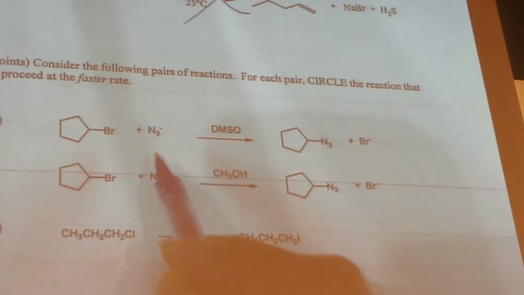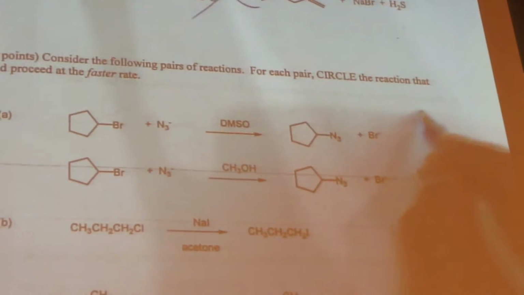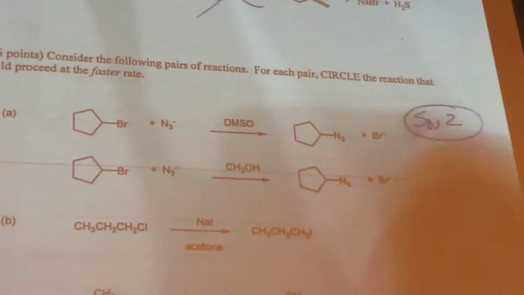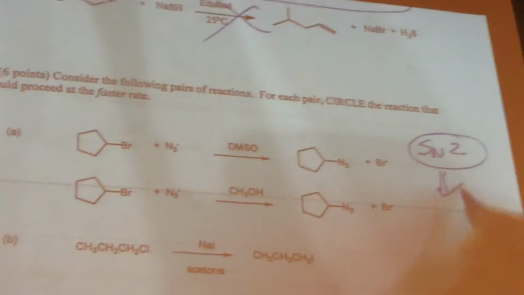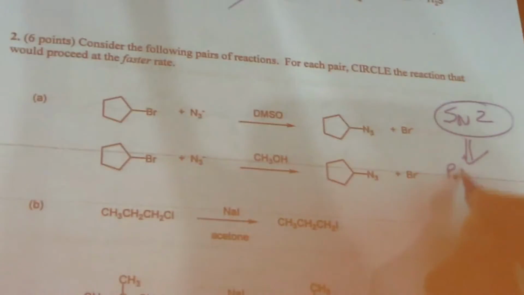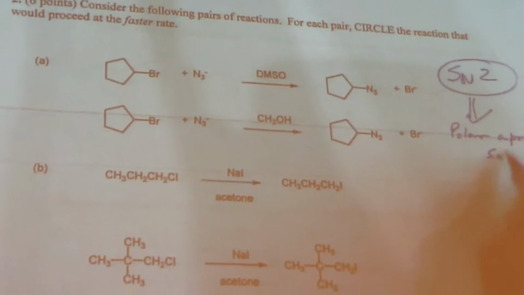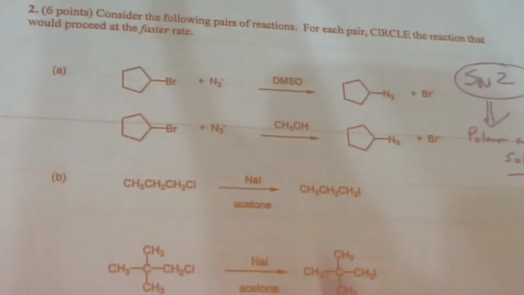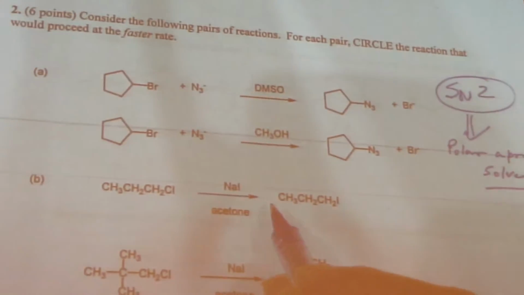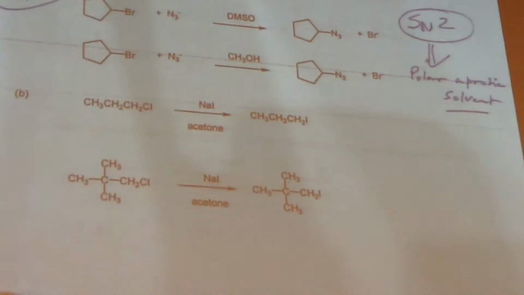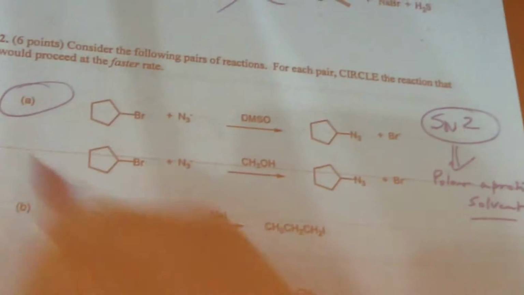So it is going to undergo an SN2 reaction. And because SN2 is particularly good in a polar aprotic solvent, this reaction will be faster with DMSO than methanol, which is a protic solvent. So A is the answer.